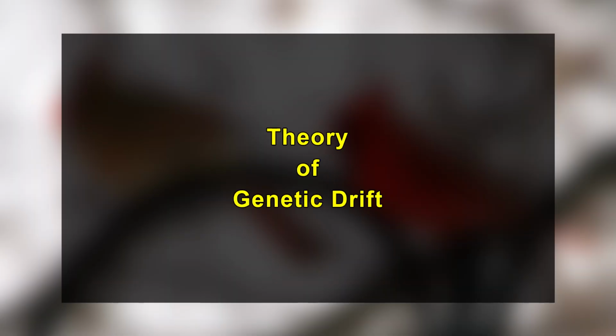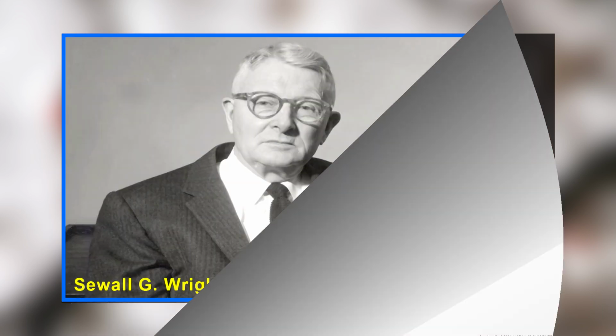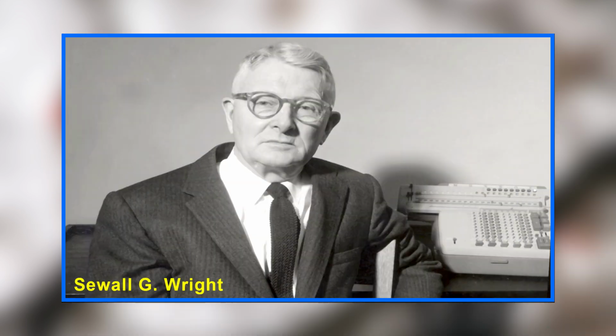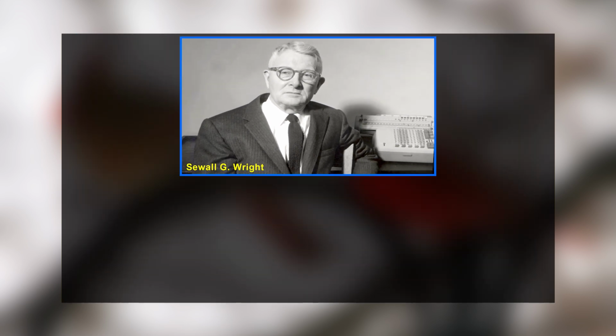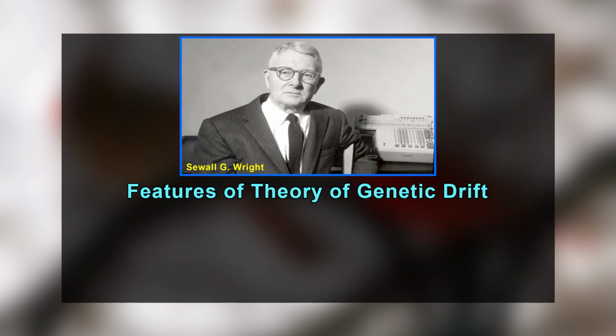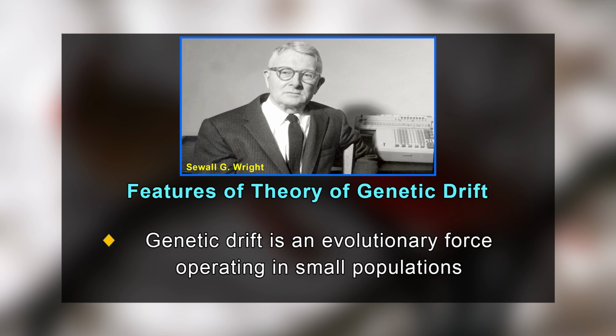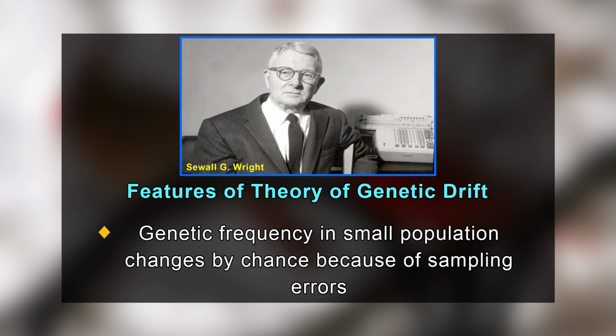Dear students, let's talk about the theory of genetic drift. This theory was given by Sewall Wright in the 1930s. The salient features of this theory are that genetic drift is an evolutionary force operating in small populations. Genetic frequency in small populations changes by chance because of sampling errors.